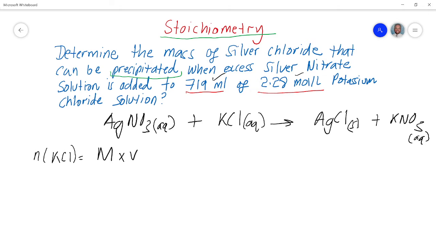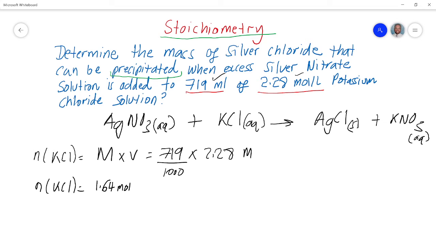So we've got 719 divided by 1,000, because remember it's in milliliters and we need to convert that to liters, and we multiply that by 2.28 moles per liter. I get my calculator, 0.719 multiplied by 2.28, and that's going to be 1.64 moles. So the number of moles of KCl is 1.64 moles.